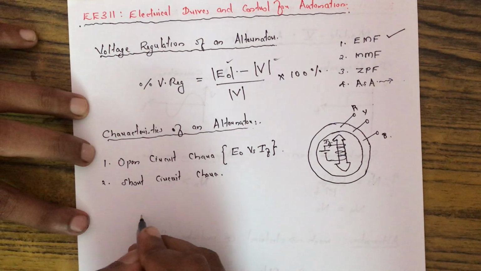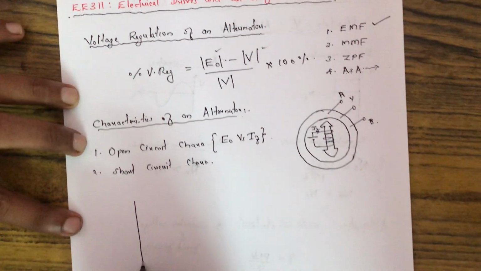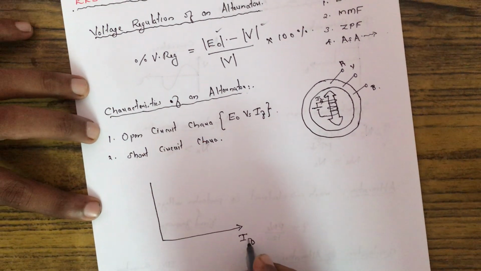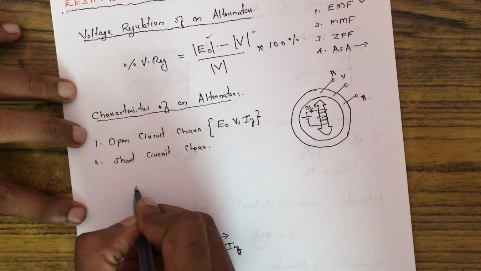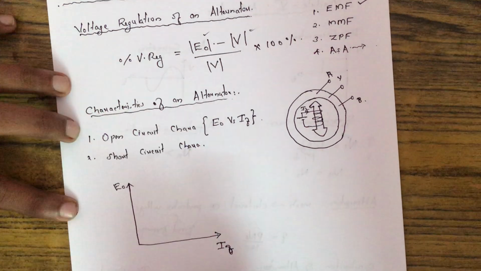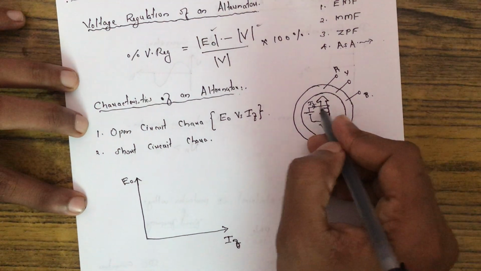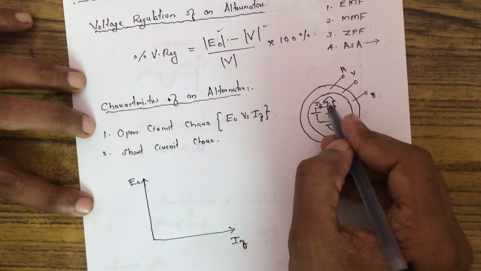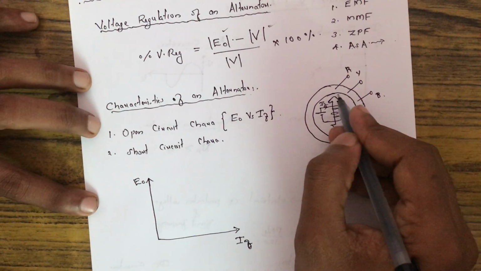So if I am drawing this open circuit curve, it is drawn between the field current IF versus the no load voltage E0. If I am not supplying any DC field current, there will be no induced EMF because there will not be any magnetic field produced.